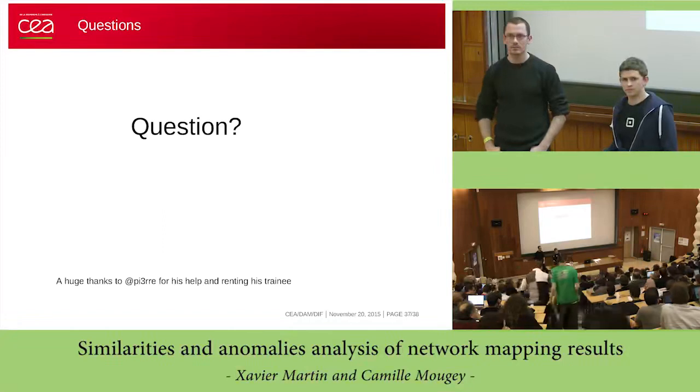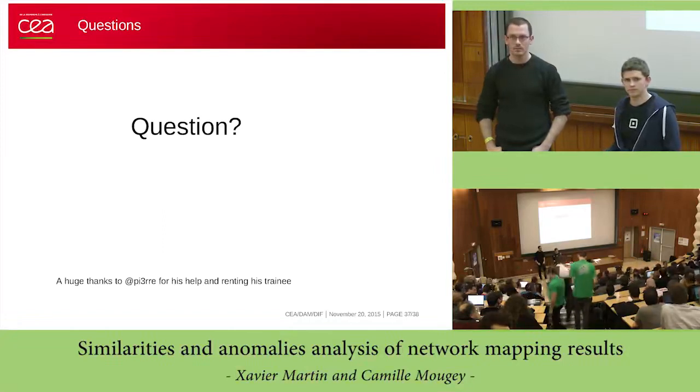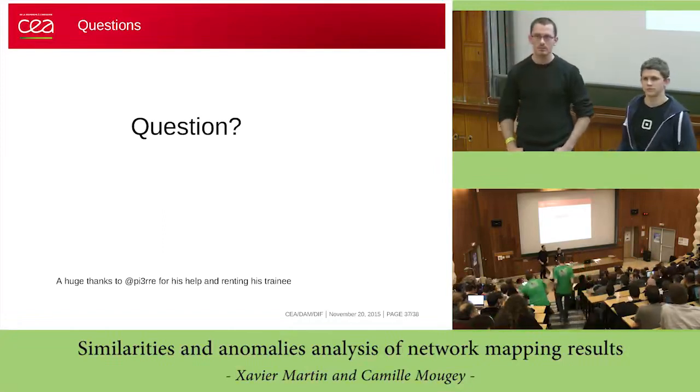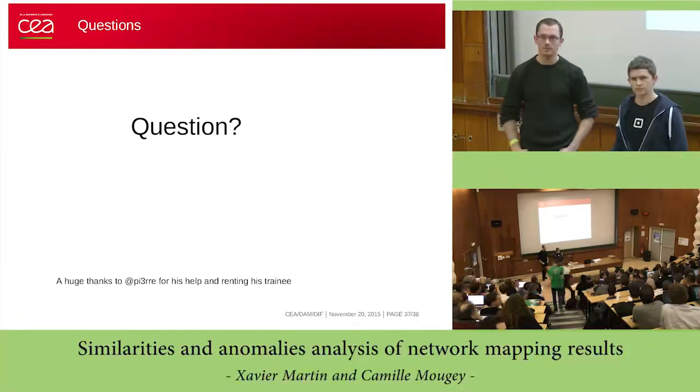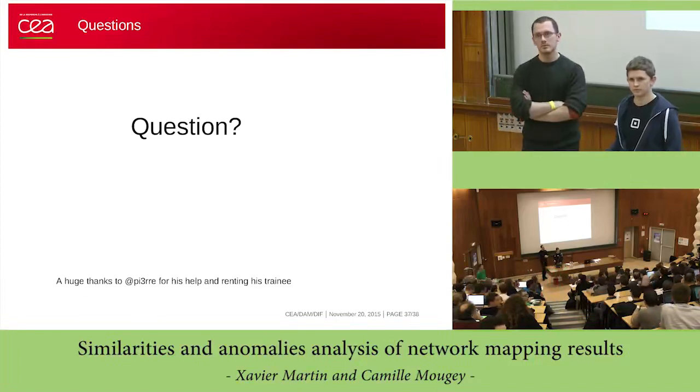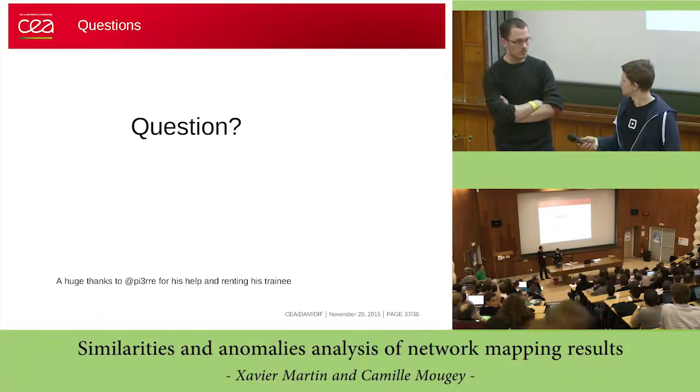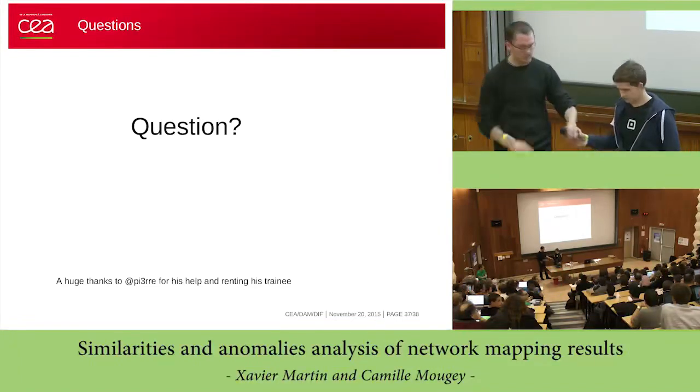Question: Hi. It looks like there is still a manual intervention to see what the cluster actually is. Do you think it will be possible, through machine learning, to understand what the cluster represents?